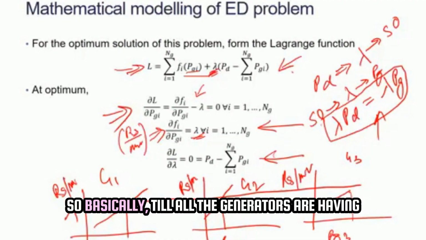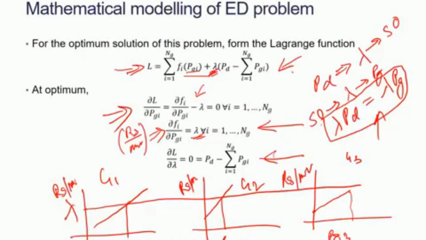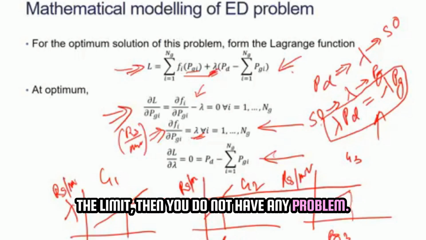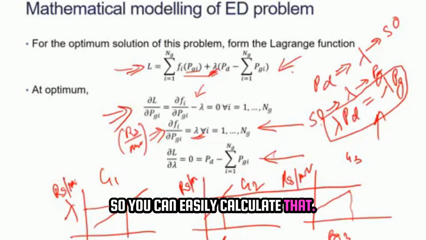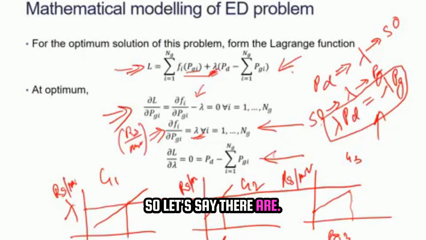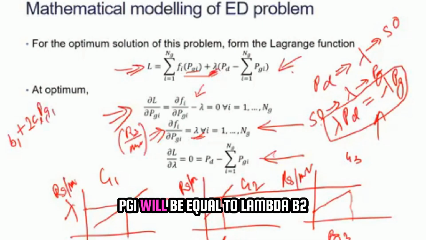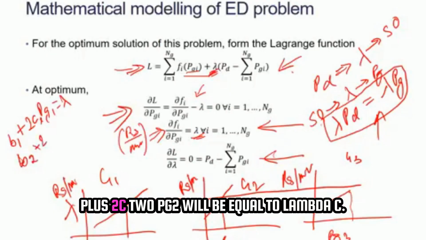So basically, as long as all the generators are generating within their limits, you do not have any problem, and you can easily calculate that. Let's say we are talking about 3 generators. So B1 plus 2C1 Pg1 will be equal to lambda. B2 plus 2C2 Pg2 will be equal to lambda.